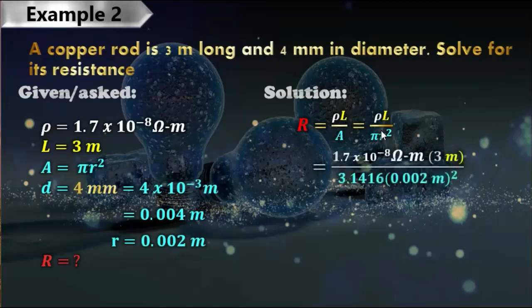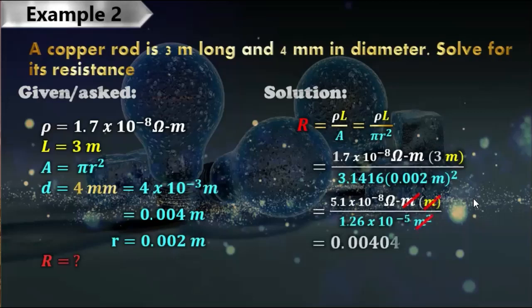Substitute resistivity times the length, which is 3 meters, over the constant value of pi, which is 3.1416, times the value of r, which is 0.002 meters squared. And cancel out meters. This could be meters squared, but we can just not simplify it.